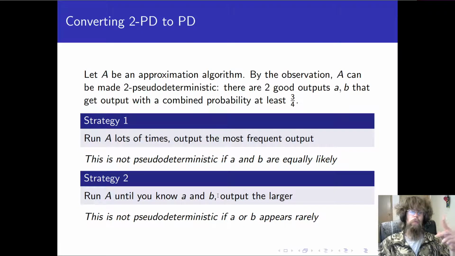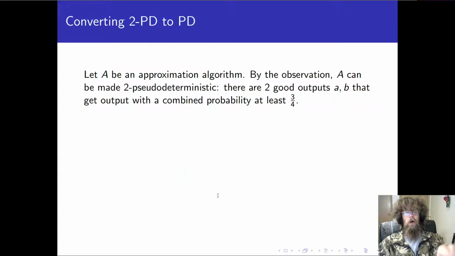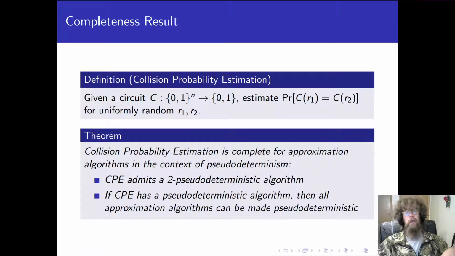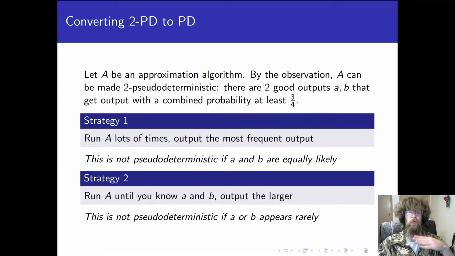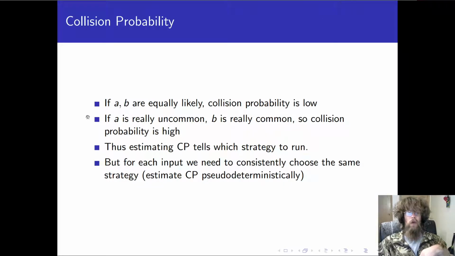So what we want to do is combine the 2 strategies and use our collision probability estimator to pseudodeterministically choose between them. And this works because if A and B have very close probabilities, it's more uniform, so we get a lower collision probability.